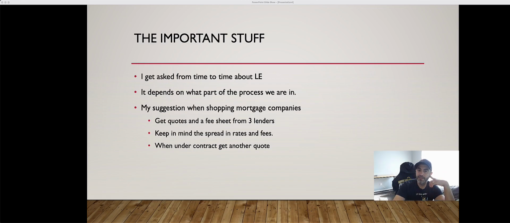My recommendation when you're shopping around for a mortgage is early in the process, reach out to the lenders that you're thinking about using. Find 3 lenders, and ask them, hey, based on today's rates, what interest rate could you give me? That will give you an idea.